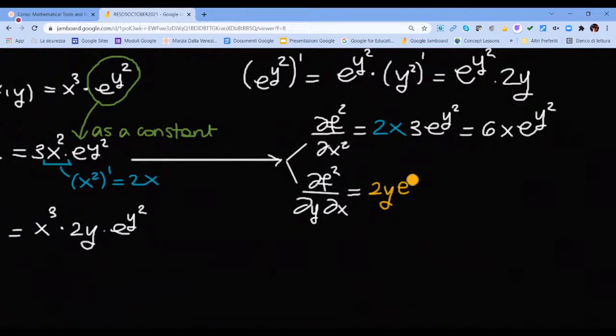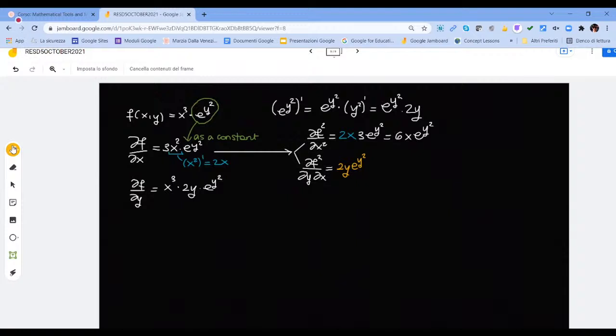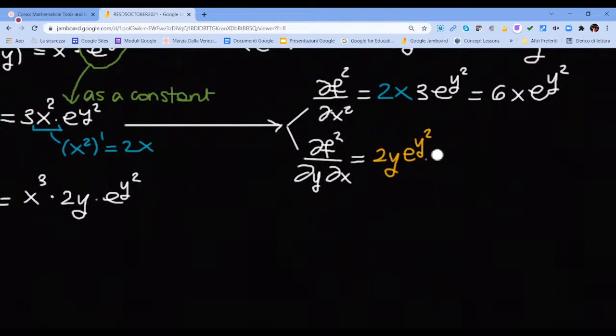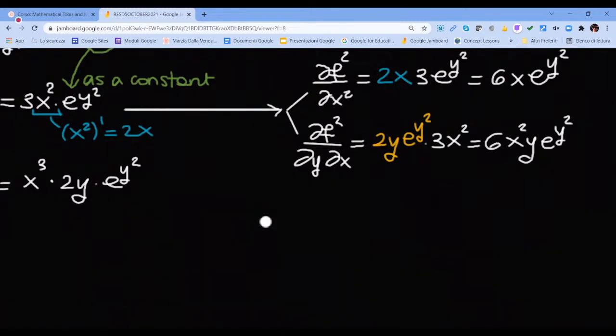And then rewrite everything else that can be seen as a constant, 3x squared, so 2 times 3 is 6, 6x squared y e to the y squared. Okay, and these are the two partial derivatives with respect to x. Let's compute the other partial derivatives.